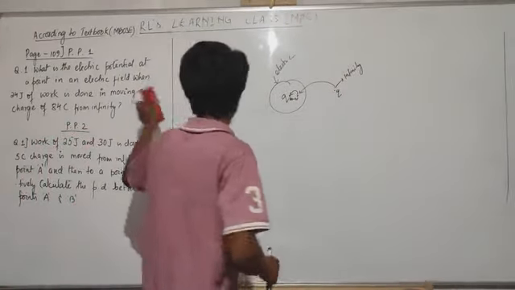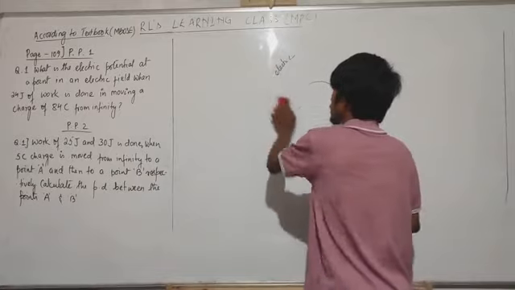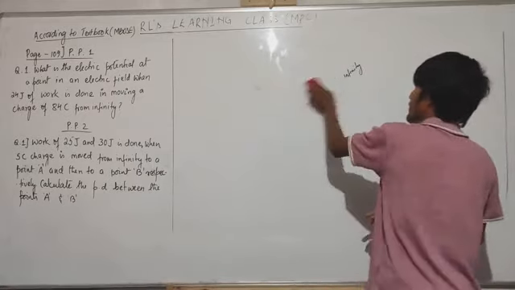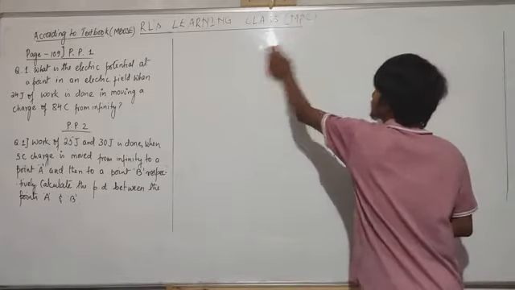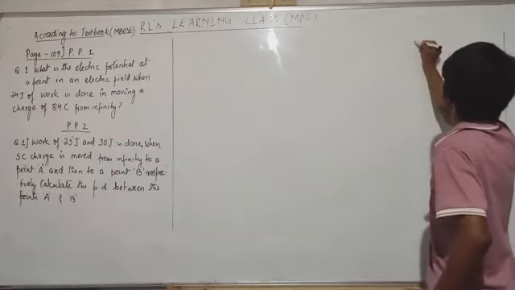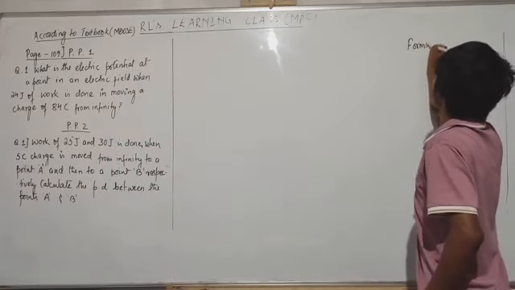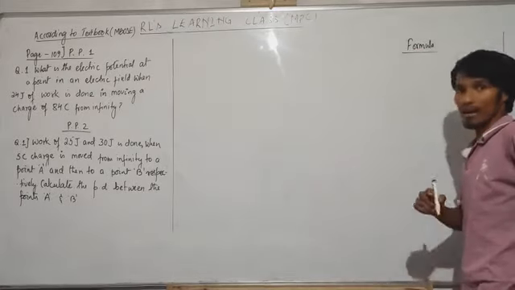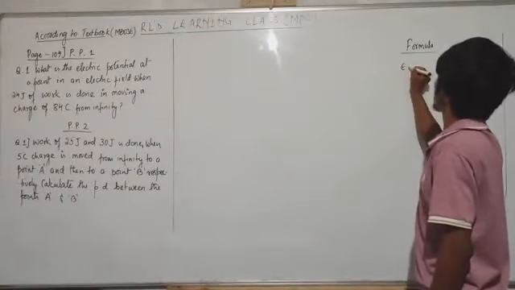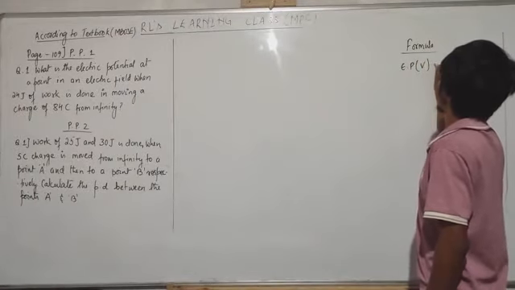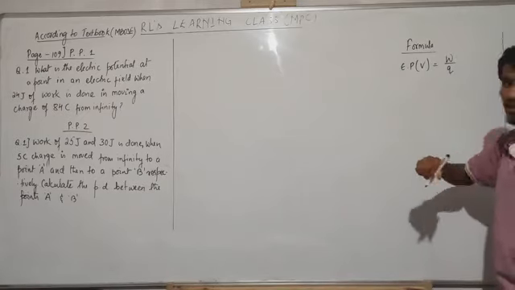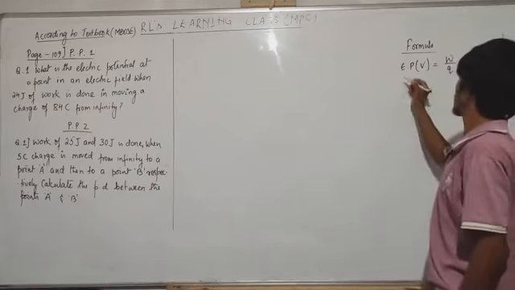Now before we start this problem, let's recap the formula. The formula here is very simple. Maybe I already gave it in the last video. Electric potential V is given as W by Q, meaning work by charge, or energy spent per charge.